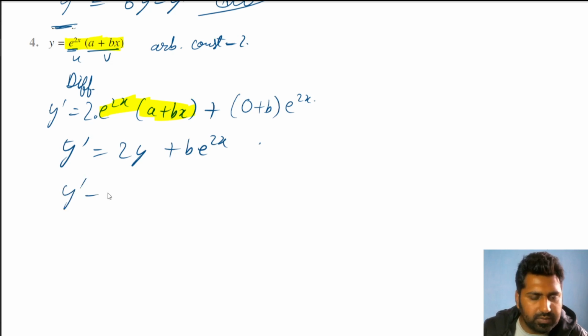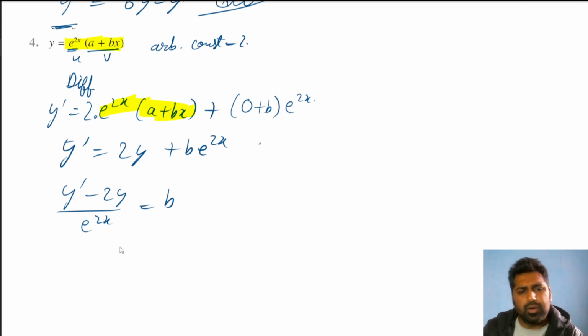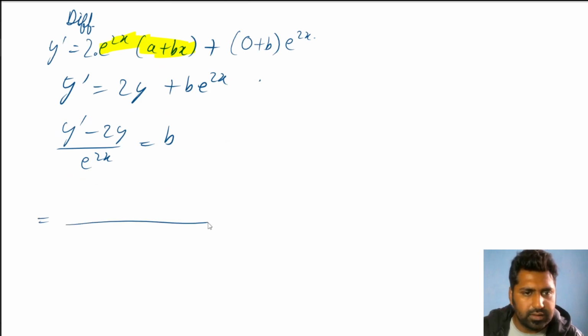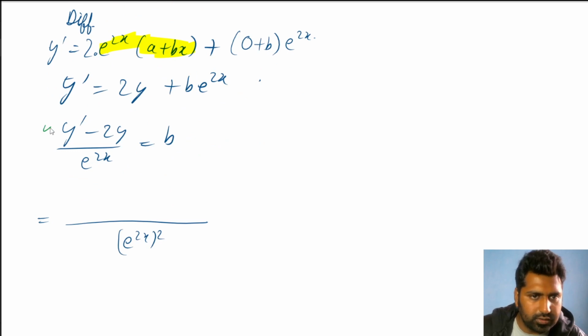So y dash minus 2y, and take this e raised to power 2x also in the denominator, is equal to b, and now you apply u by v. Okay, so it was there already. Now let's apply u by v. So e raised to power 2x whole square. Be very careful: numerator differentiation, u dash, so (y dash minus 2y) whole dash.